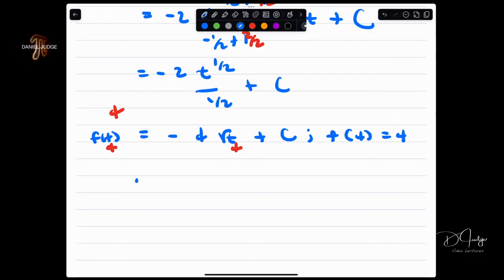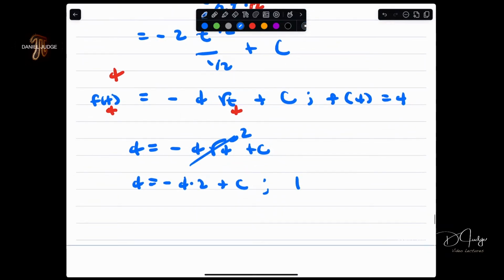So this will be 4 equals negative 4 square root of 4 plus c. Square root of 4 is 2. 4 is negative 4 times 2 plus c, or we say 4 will be negative 8 plus c, and that means c will be the number 12.